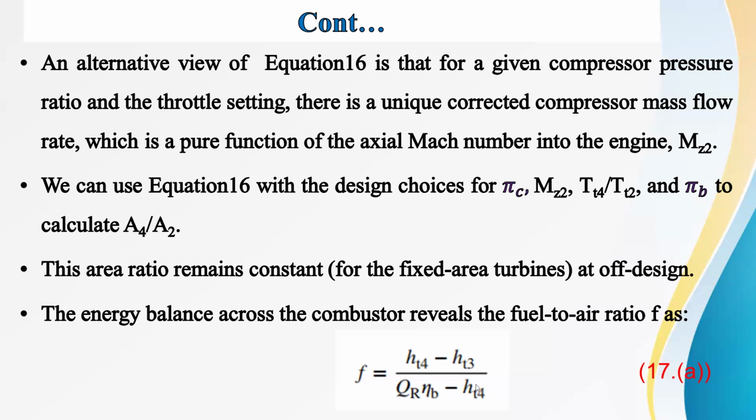So using this equation, we can calculate the energy balance across the combustor, which provides the fuel to air ratio. F here indicates the fuel to air ratio, which is enthalpy at 4 minus enthalpy at 3 divided by QR eta B minus HT4. So this is the fuel energetic property.